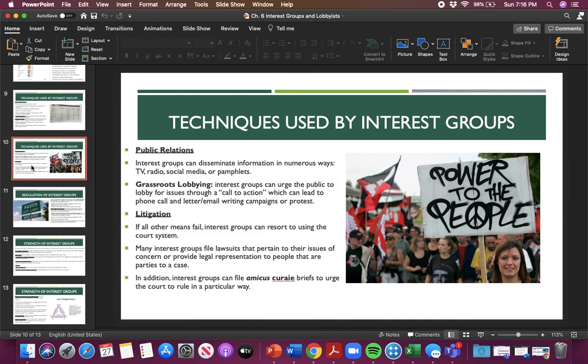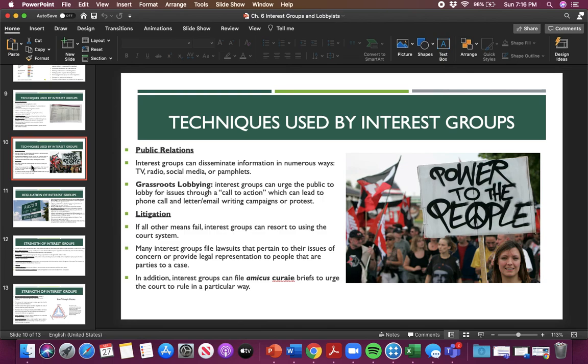And then other groups like your NAACP, like we talked about, use litigation. If they fail to prevent something from becoming a law and they think that law is unjust and unconstitutional, they can file lawsuits in the court system, provide legal representation to people who are a party to that case, and then those cases can work their way all the way up to the Supreme Court and overturn laws in our country.